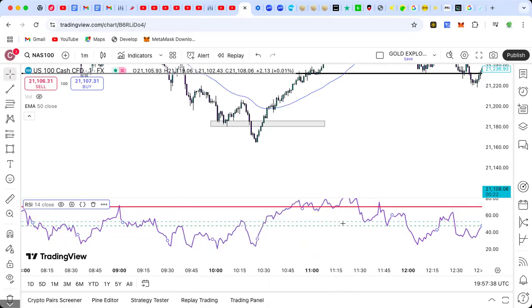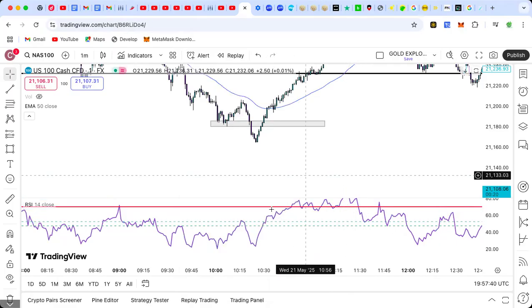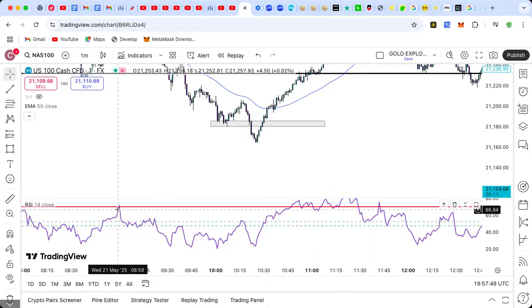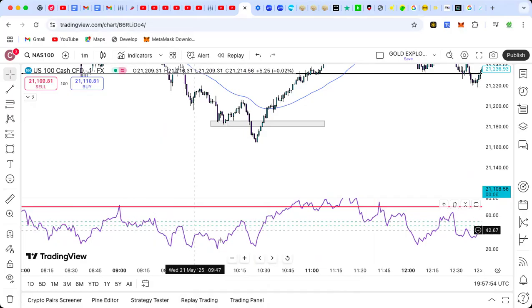Okay, so now let's go. Now your RSI is above, I'm bullish here. As far as my RSI is below here, don't mind me, that's the way I set mine. As long as we are below here, we are bearish.